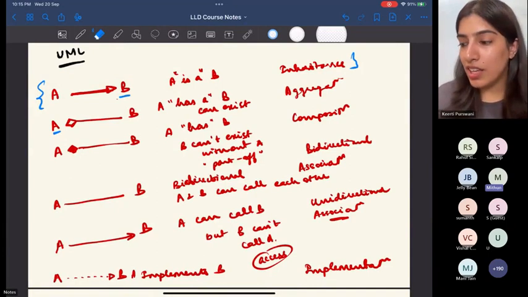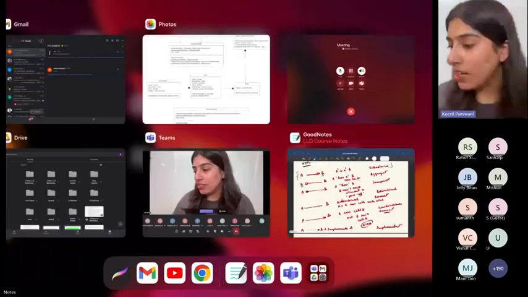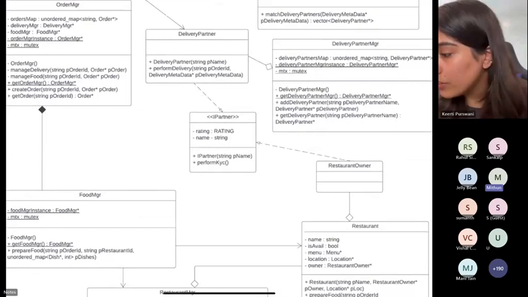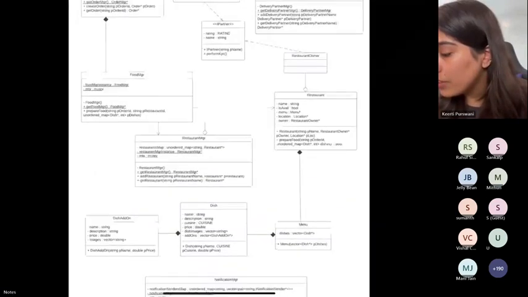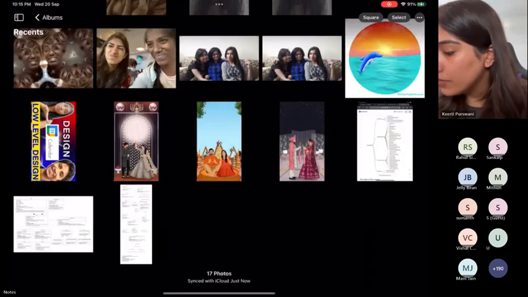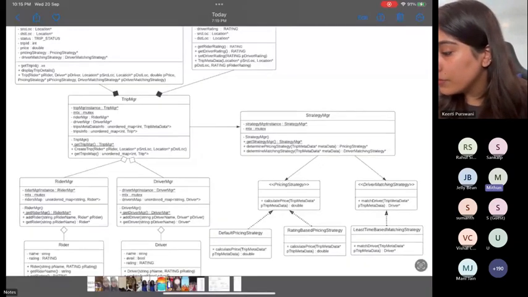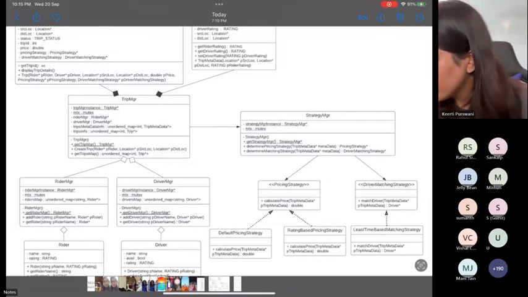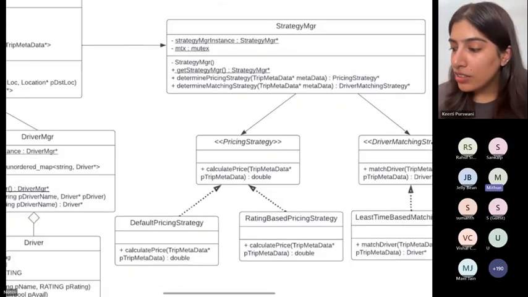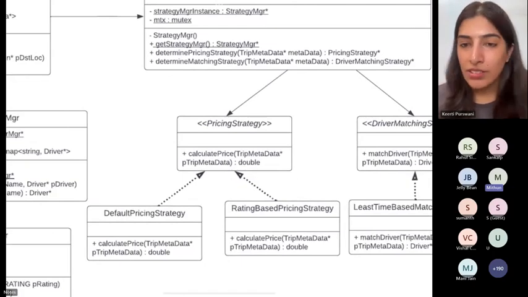A to B. But in the other diagram, did I make anything wrong over here? A is a B. Which diagram? Here, pricing strategy. So over there the triangle was on the B, and here it looks like it is on A, right?